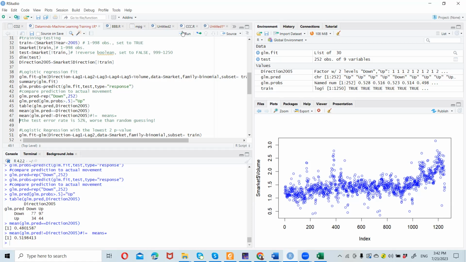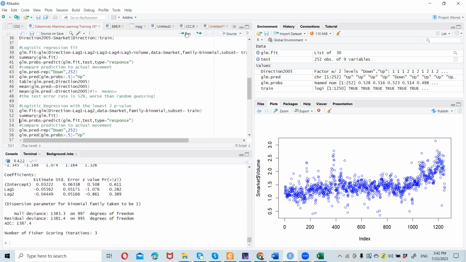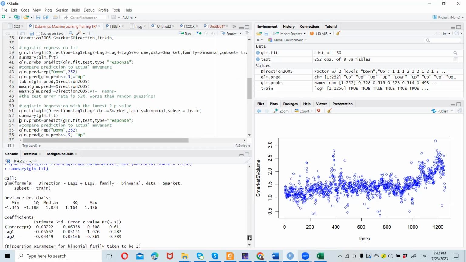So let's go to line 51. Line 51, please, and 52, we have a summary. We've done 51 and 52. Good. Now we still need to proceed and check our error rates.